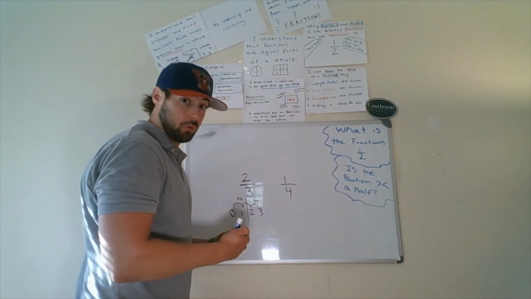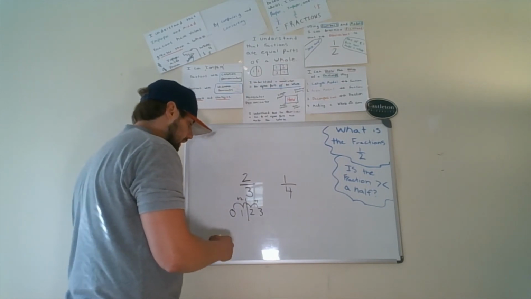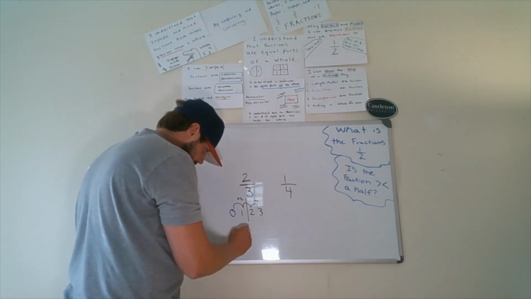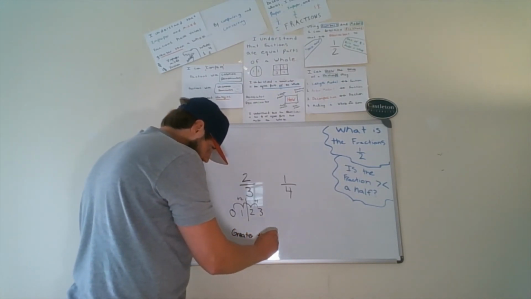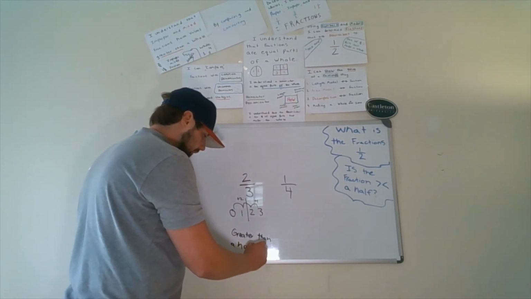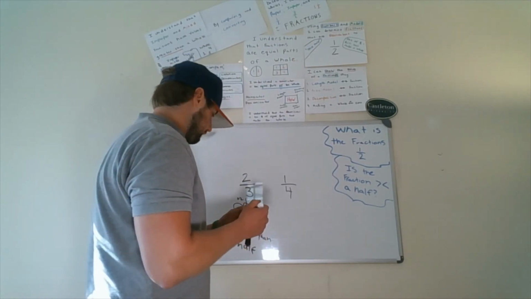It's closer to a whole. What does that mean? It means it is greater than what? A half. If it is closer to a whole, it's definitely greater than a half.